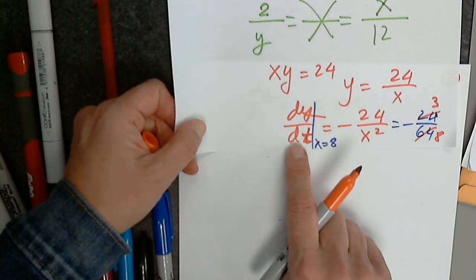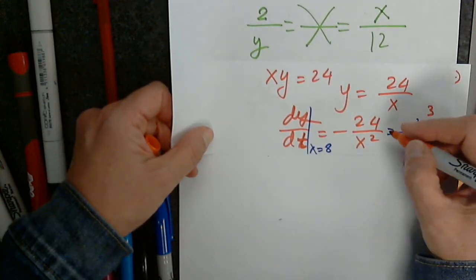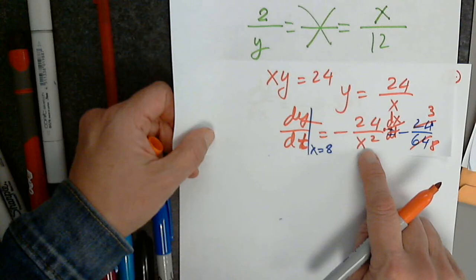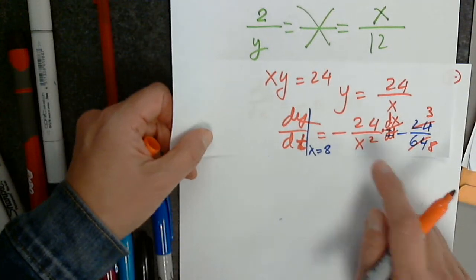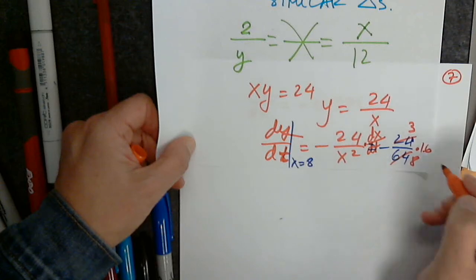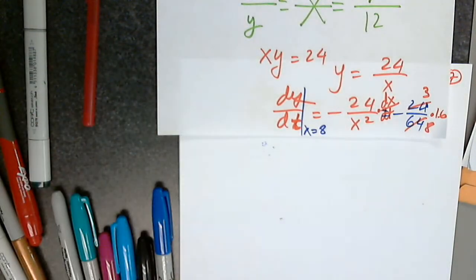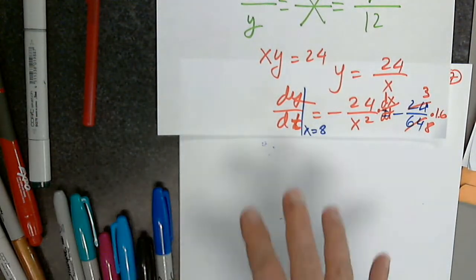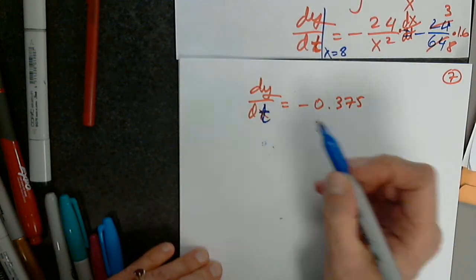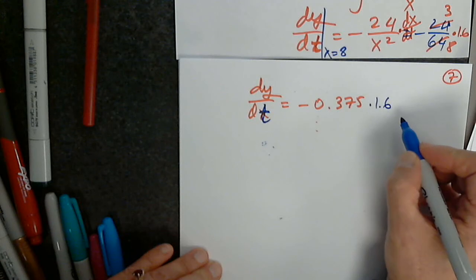So right in here, I have to multiply by dx over dt, the inner function prime, times 1.6. Forgive me for that. I'm sorry.